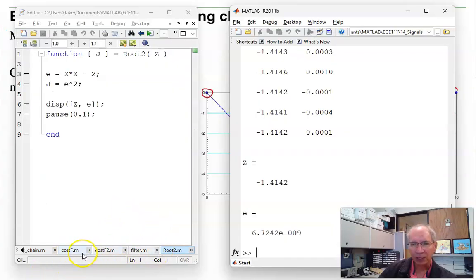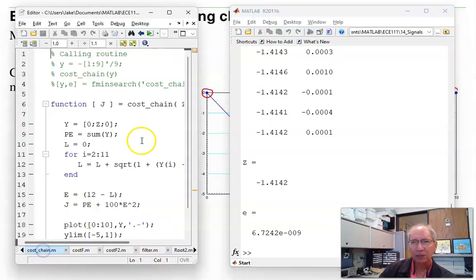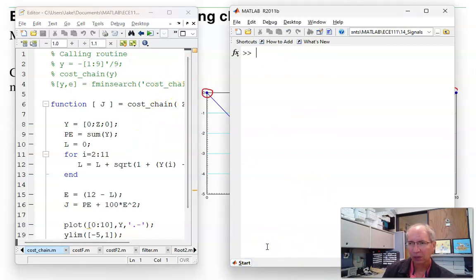So here's my cost chain. If I say, is it minus 1, 2, 3, 4, 5, 6, 7, 8, 9.